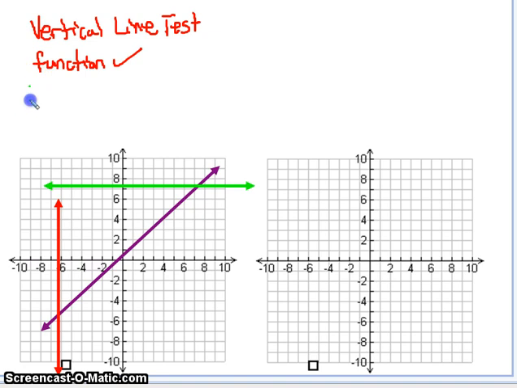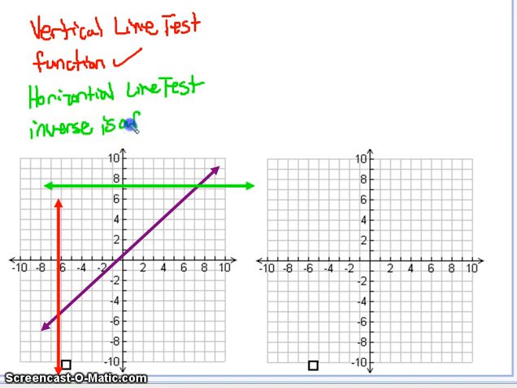So the horizontal line test tells us that the inverse is a function. You can take that into consideration.